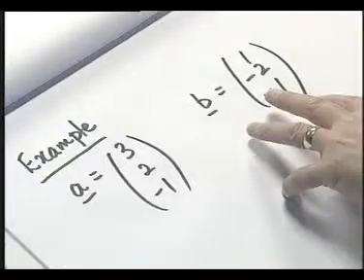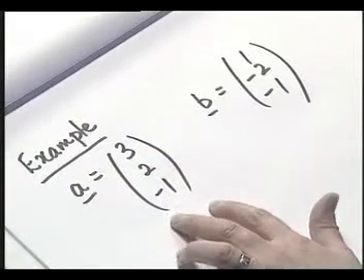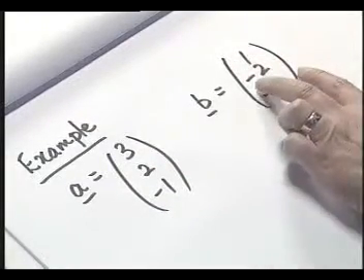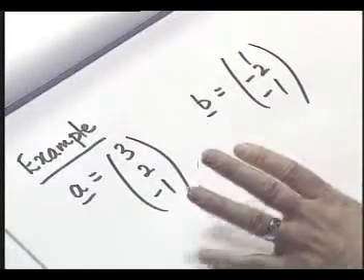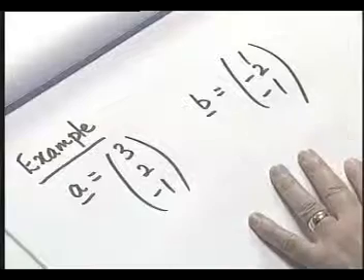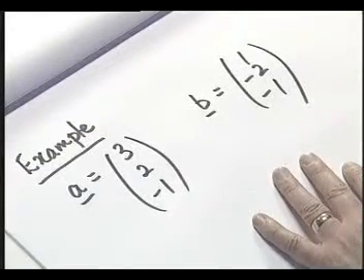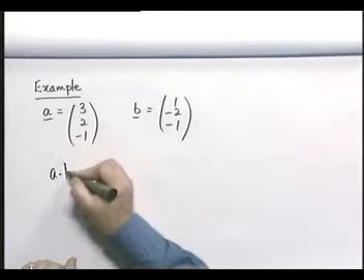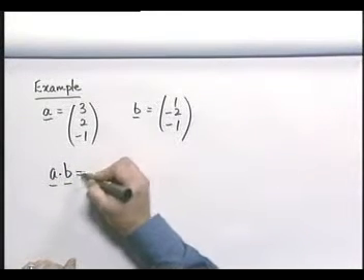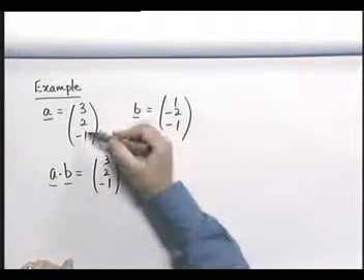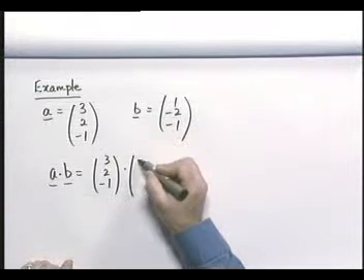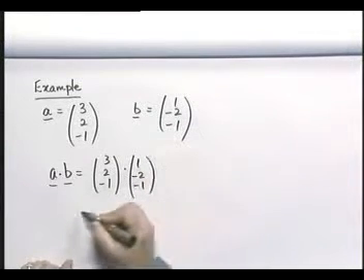Now, I think you would agree that just by looking at these vectors, 3i plus 2j minus k, and 1i minus 2j minus k, you'd have no idea, just from looking at them written down like that, whether or not these vectors were at right angles to each other. We can apply this dot product test and work out A dot B to see what happens. We want the dot product of 3, 2, minus 1 with 1, minus 2, minus 1.